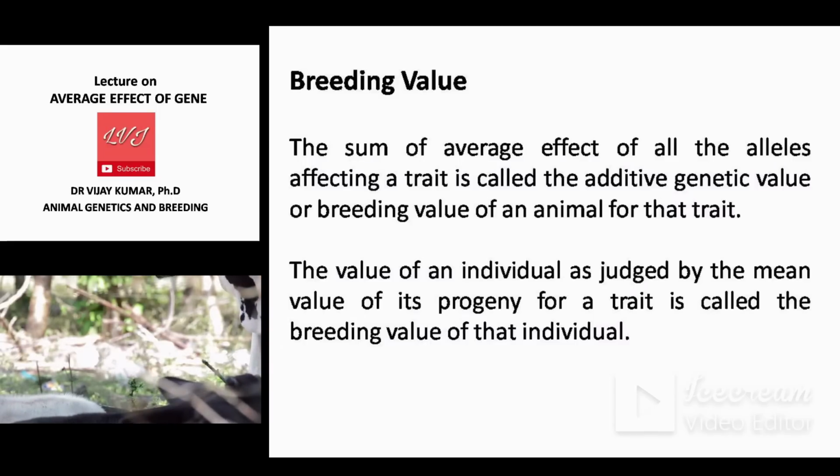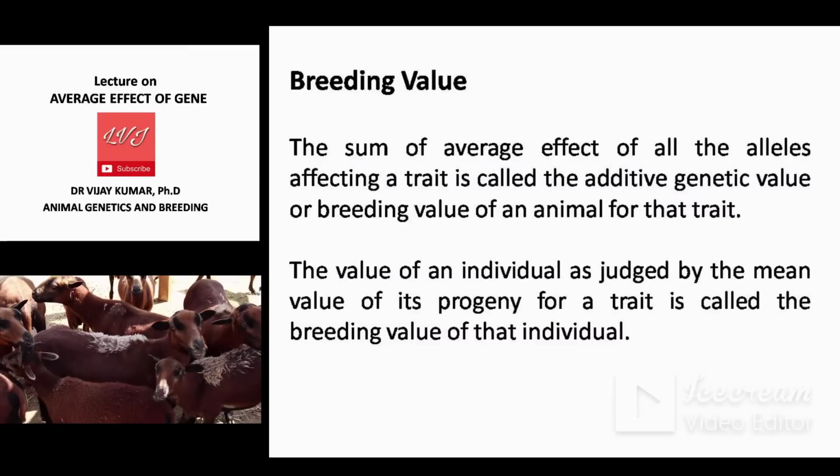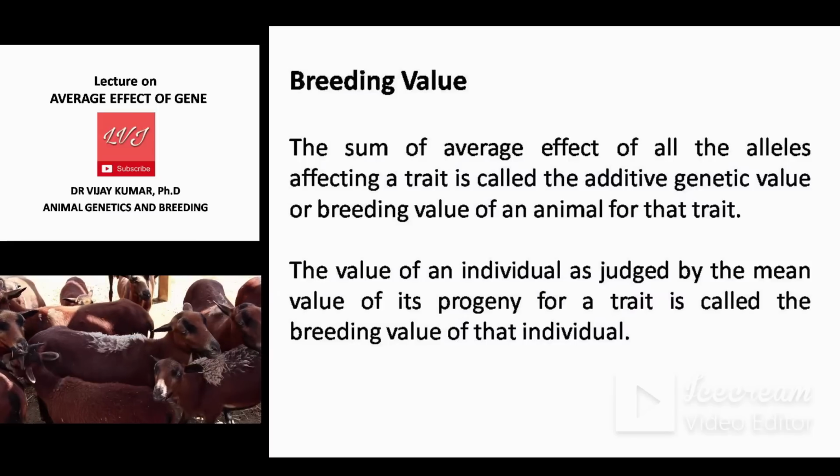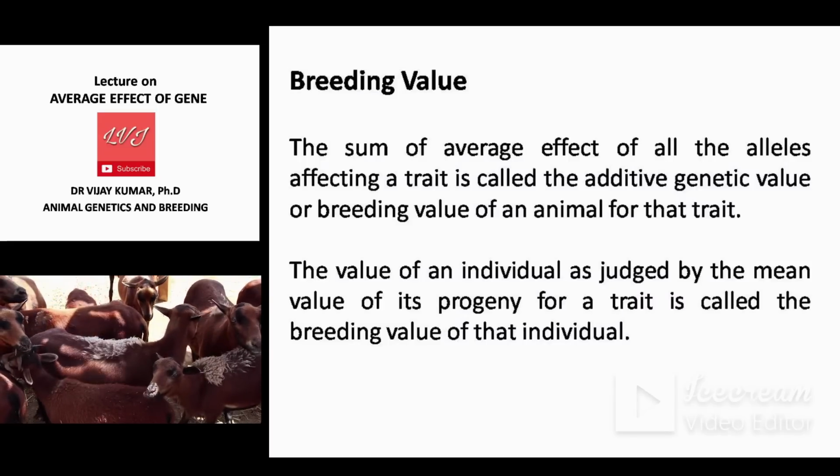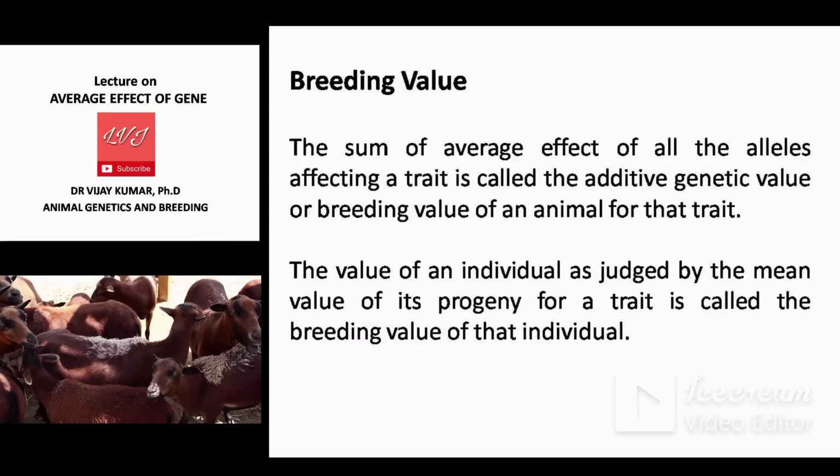The value of an individual as judged by the mean value of its progeny for a trait is also called the breeding value for that individual. So, the first definition: breeding value is the sum of average effects of all the alleles affecting a trait. This is a very important definition.